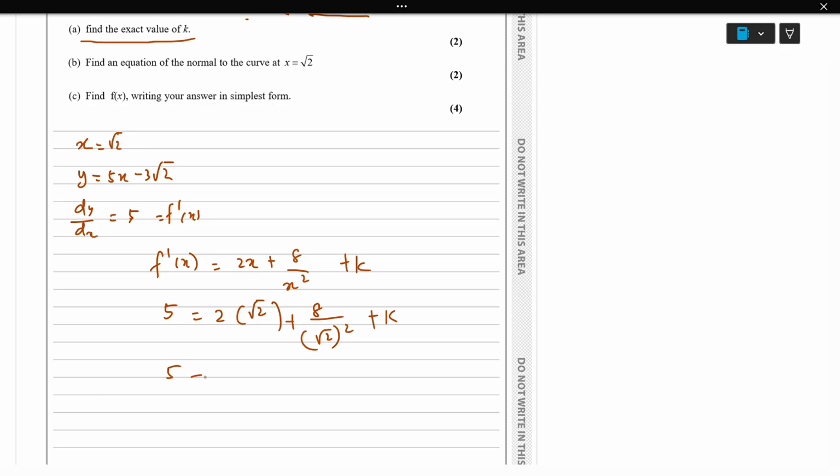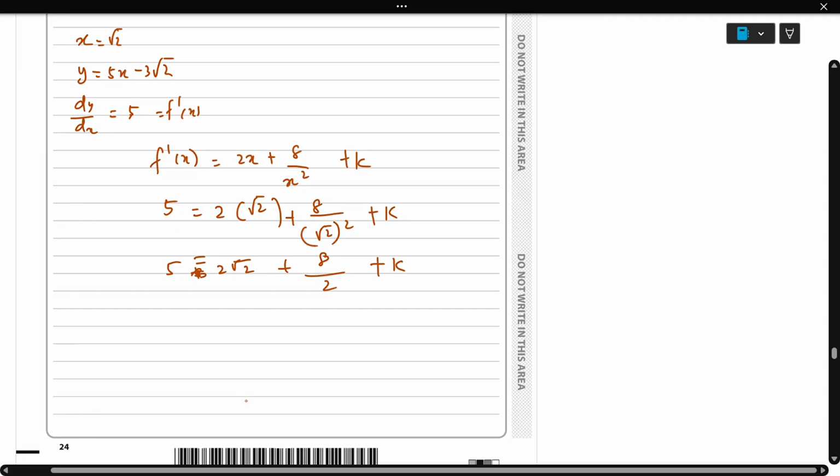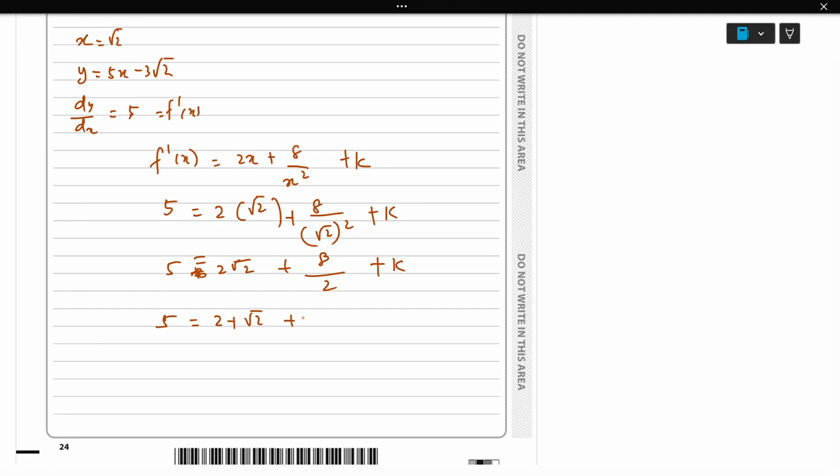So 5 equals 2 root 2 plus 8 over 2 plus k, because the square root of 2 whole squared equals 2.